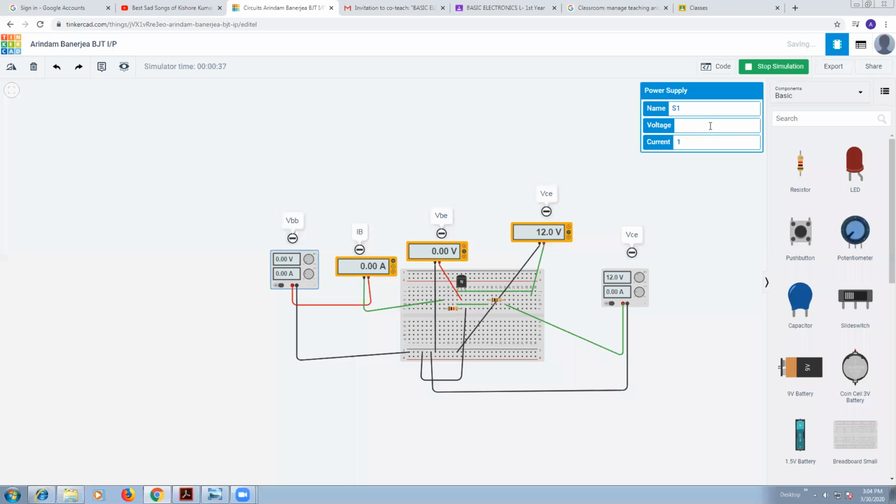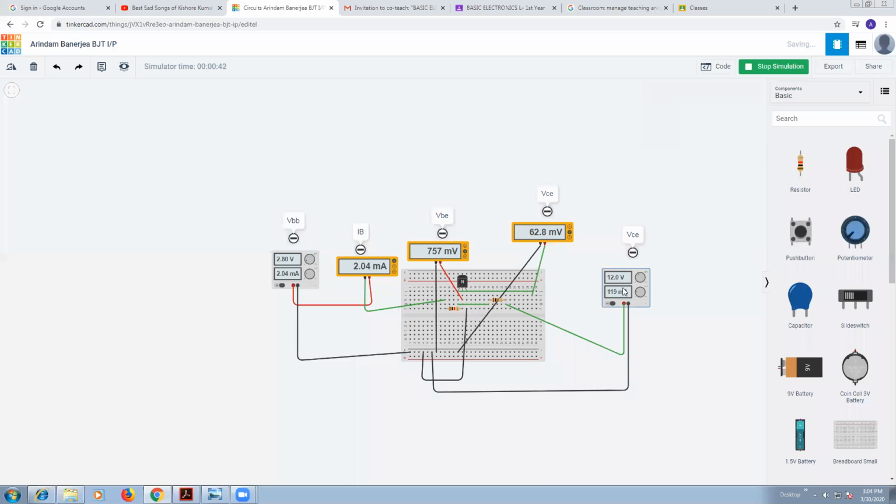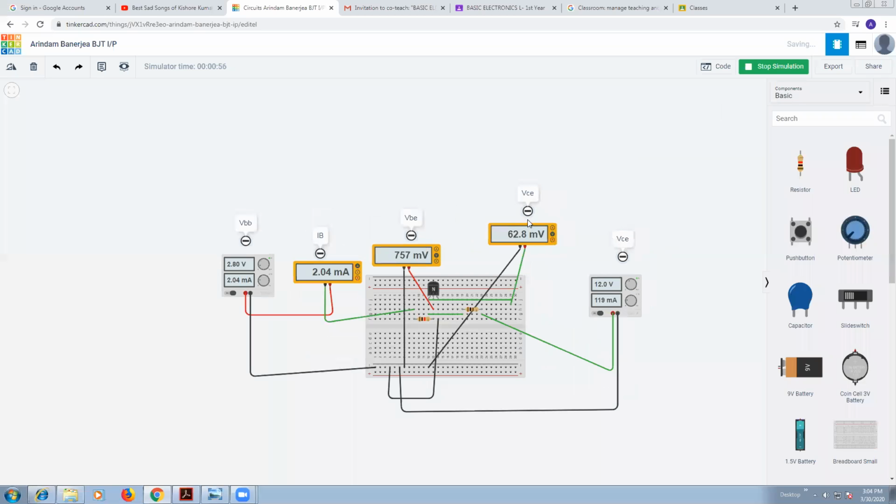First, I am giving it 0.0. Is it 6 volt? Initially, we should do this. It is already saved.